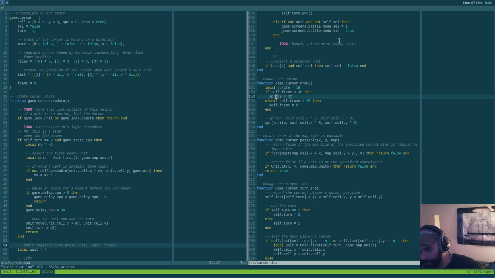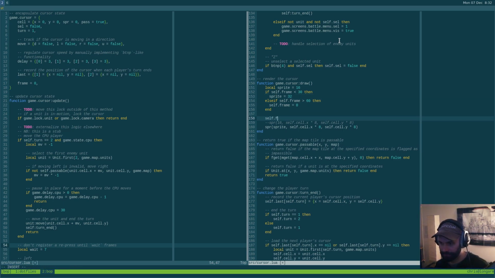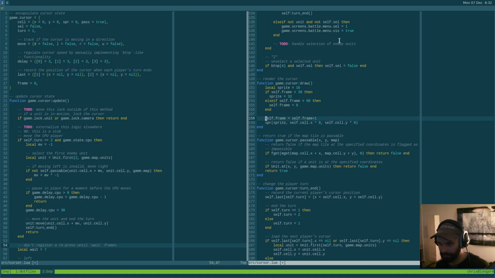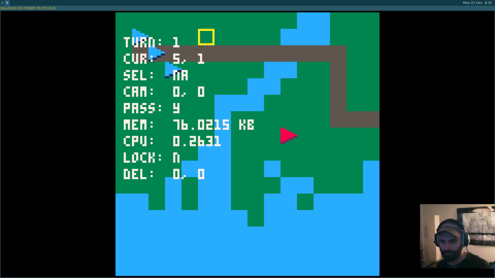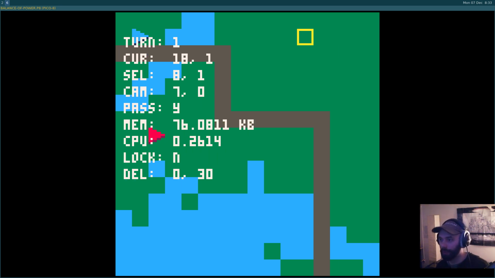Spread of 16. Do it here. Alright. I mean, that's annoying, but it works.